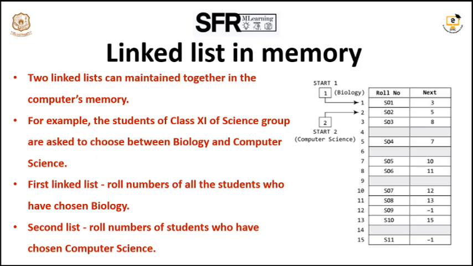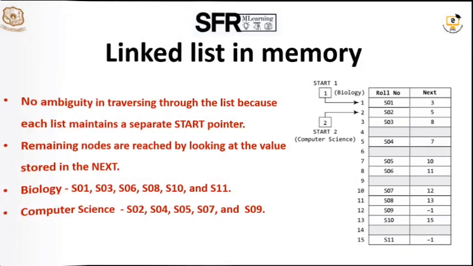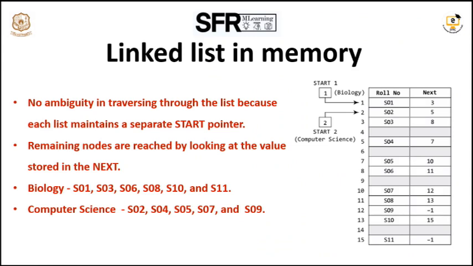The first linked list contains the roll numbers of the students who have chosen biology, and the second linked list contains the roll numbers of the students who have chosen computer science. In this example there is no ambiguity in traversing through the list because each list maintains a separate start pointer which gives the address of the first node of the respective linked list.